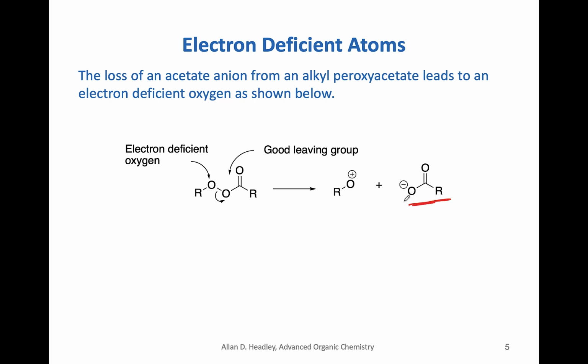And of course you will recall that this is also resonance stabilized, so we can put these electrons onto the oxygen here to get another resonance structure. So this is a very good leaving group, and what's left behind from this heterolytic cleavage of this bond is an electron deficient oxygen.